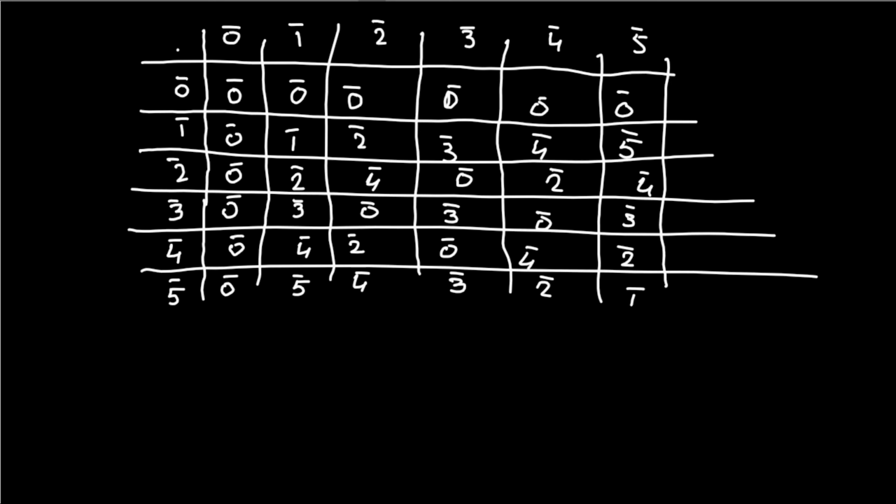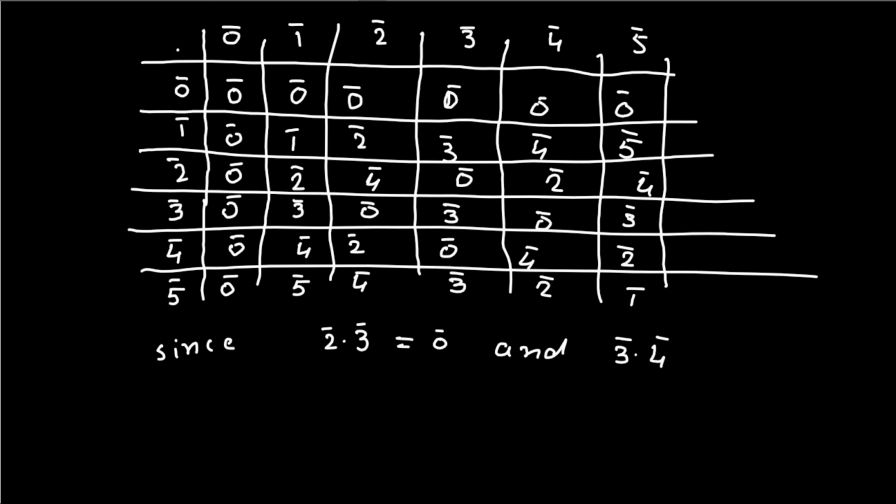So from this table, we know that 2 multiplied by 3 is 0, and also 4 multiplied by 3 is 0.